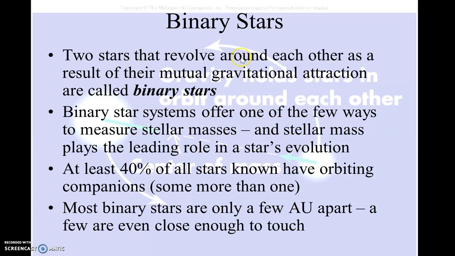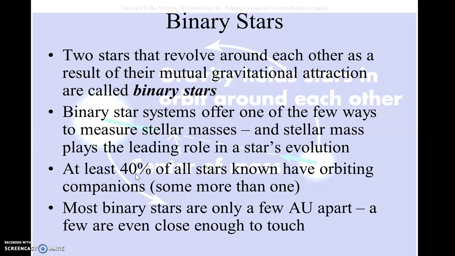So let's talk a little bit about binary stars. These are stars that orbit each other. I think I talked a little bit about this last time, right before spring break. Approximately 40%, a little less than half the stars in our own galaxy, have companions, sometimes more than one.